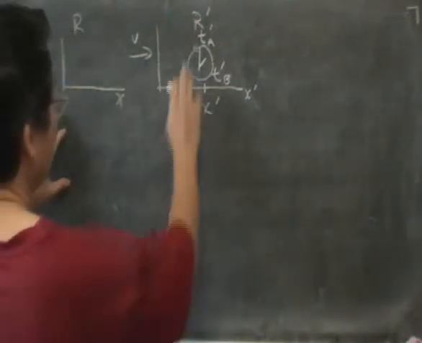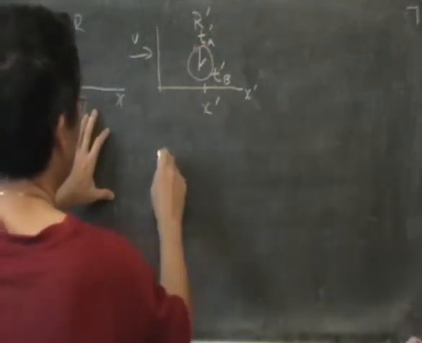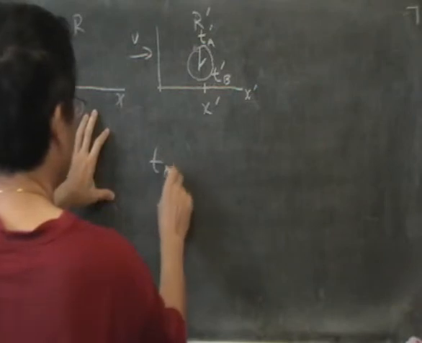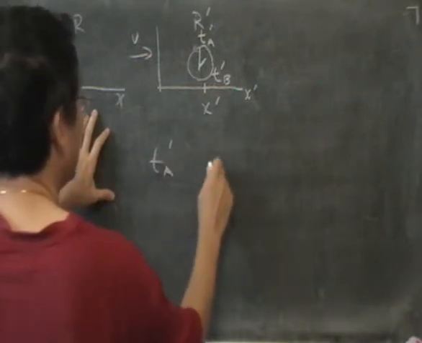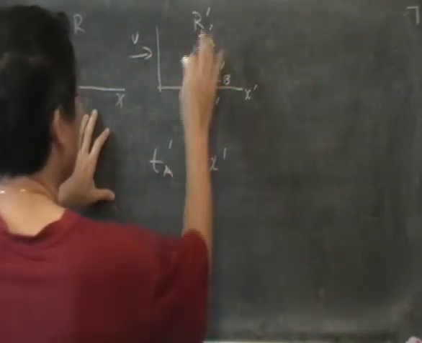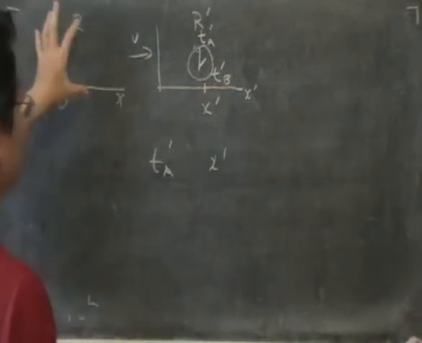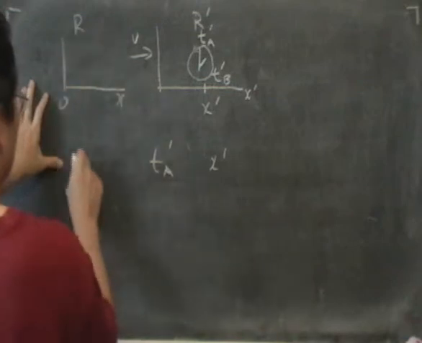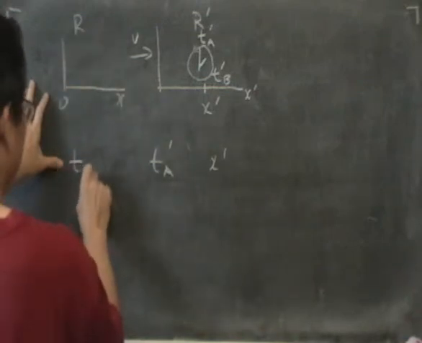So let's say when the minute hand is there at the time TA prime and the position x prime down here, this observer checks their clock and finds that their time was TA.